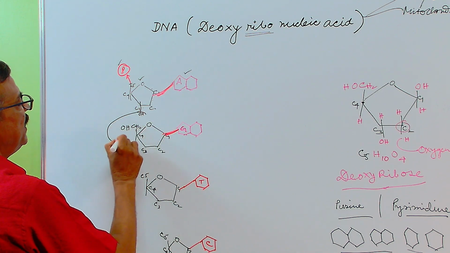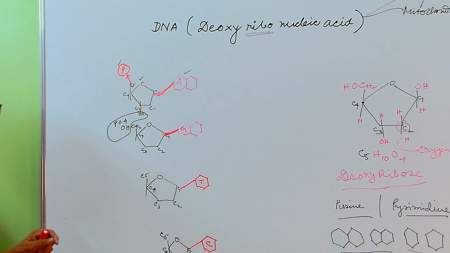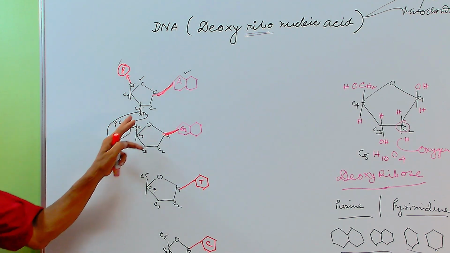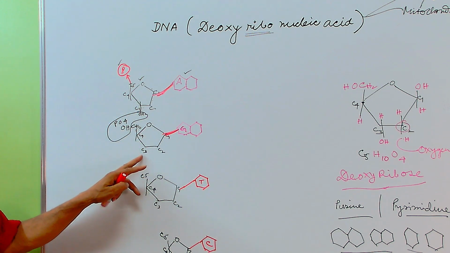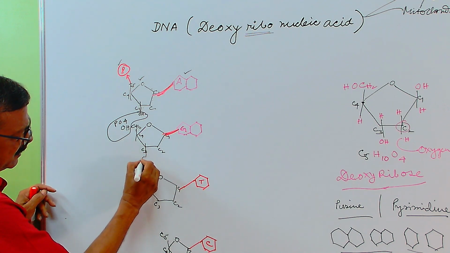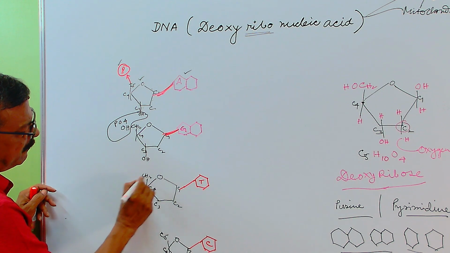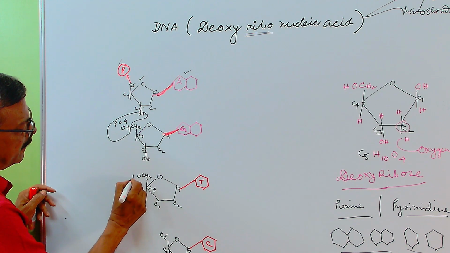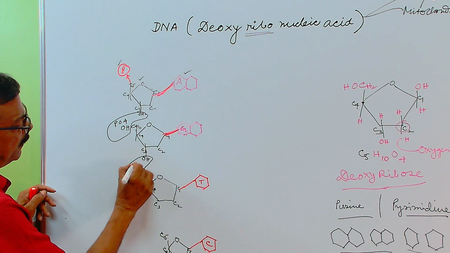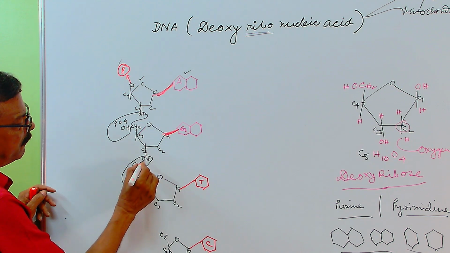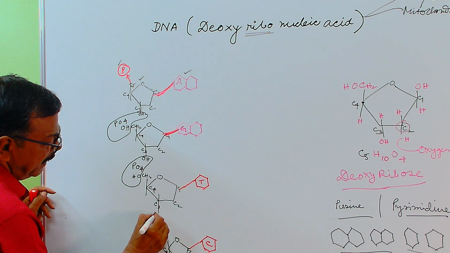This OH and then with PO4 will be joining this nucleotide with this nucleotide. Again C3, this is OH, and this is C5, CH2OH. So this OH, PO4, phosphate bond, this is known as phosphodiester bond.